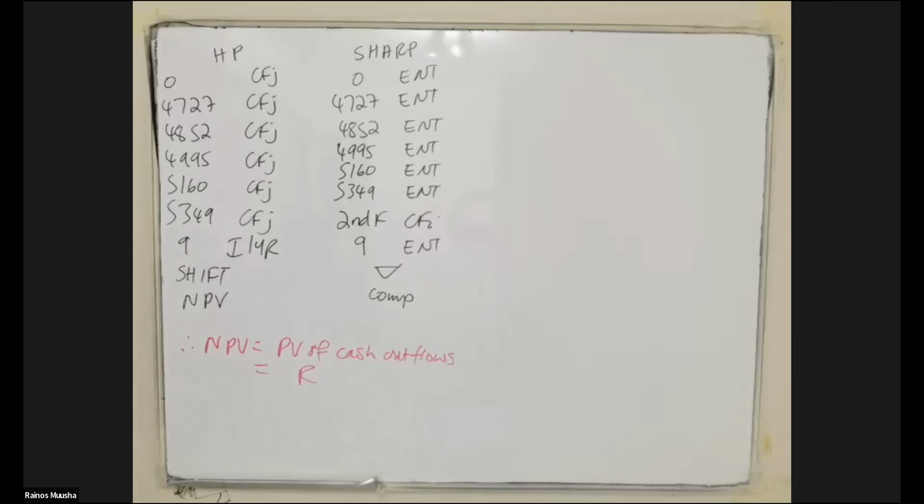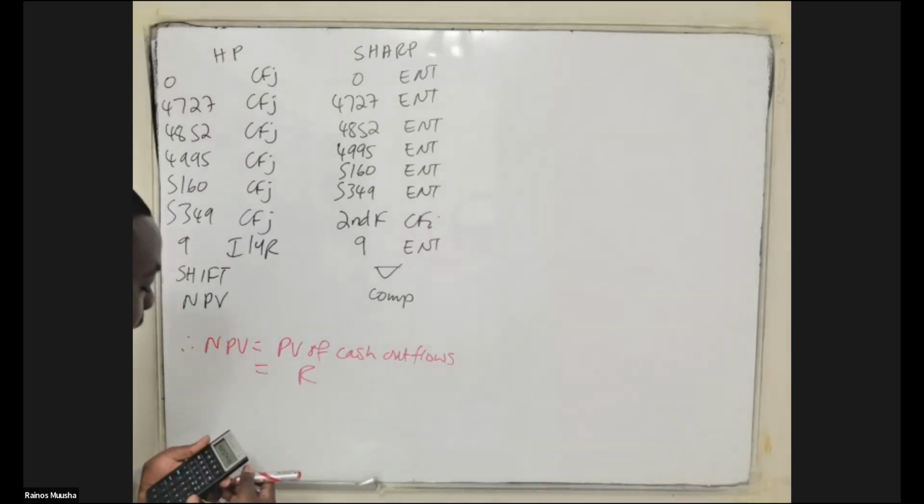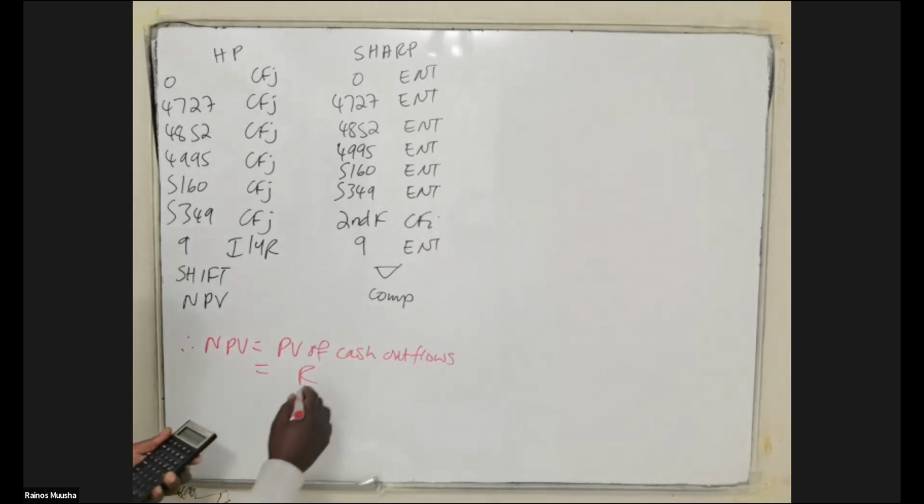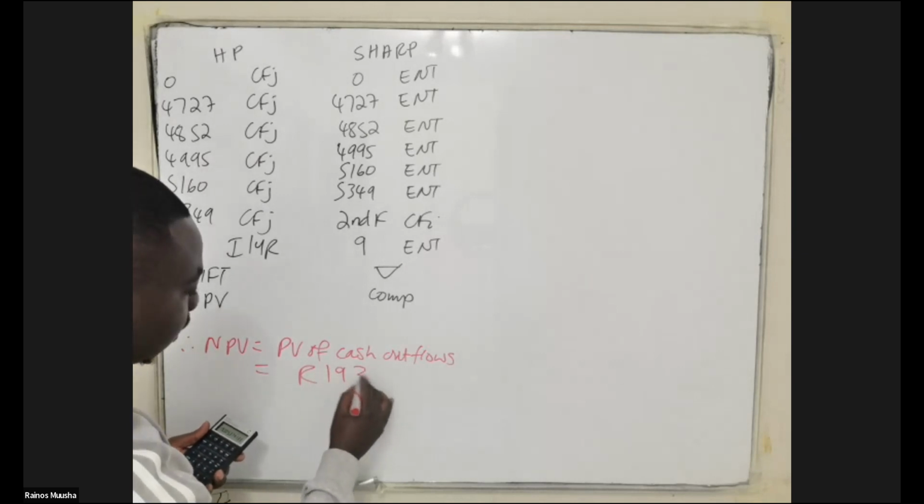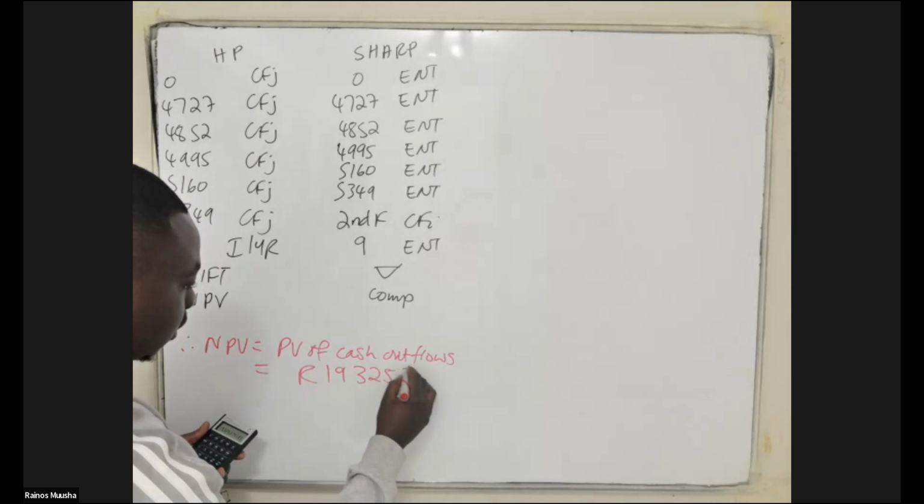How much do you get? $19,409.54. Okay, I'll cross-check my answer. I got 19,325.37.